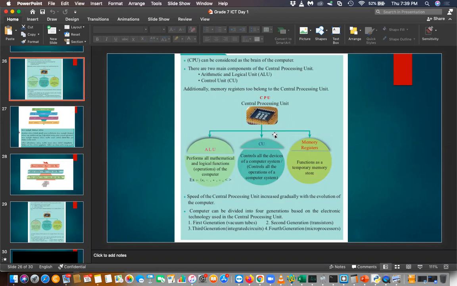The first generation used vacuum tubes, the second generation transistors, and the third generation integrated circuits. The fourth generation is large scale integration and very large scale integration, which together we call microprocessors. Sorry, my mistake earlier.